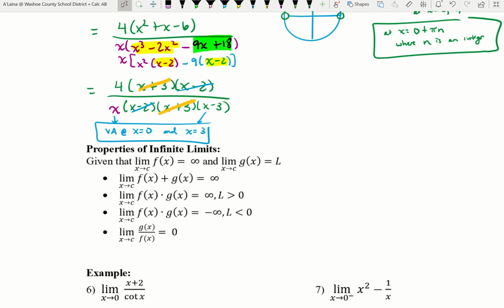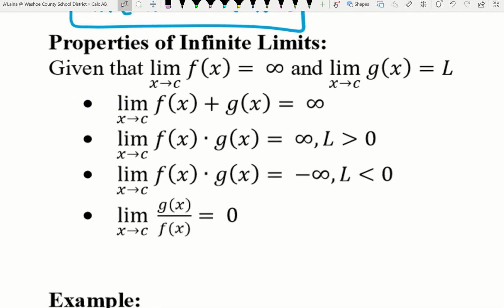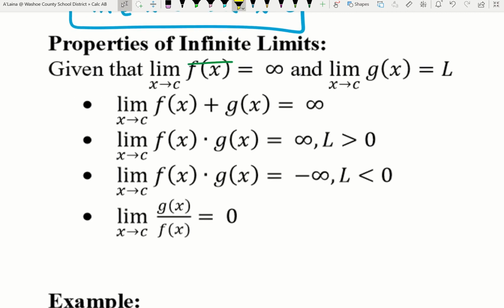When we're looking at some properties of infinite limits, it might be helpful if we have a situation where we have one function, as we approach c along the x-axis for both f and g, but for f we're going to say that that limit is infinity or does not exist.